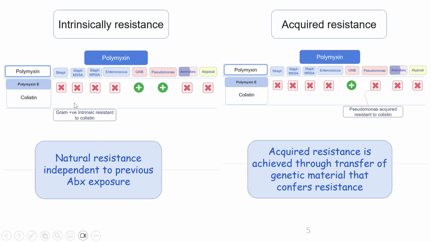That means that the colistin spectrum does not cover the gram-positive bacteria. This is called intrinsic resistance. On the other hand, Pseudomonas, which is originally sensitive to polymyxin, may acquire resistance to polymyxin. The acquired resistance is achieved through the transfer of genetic material that confers resistance.